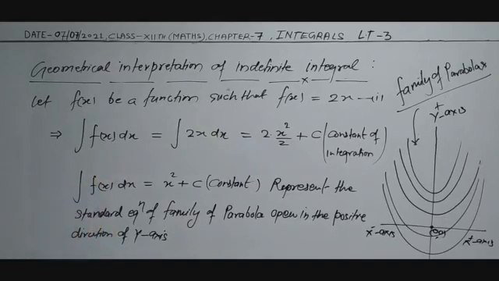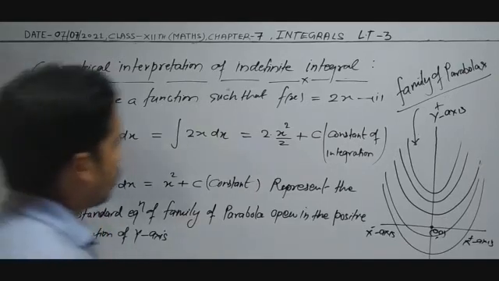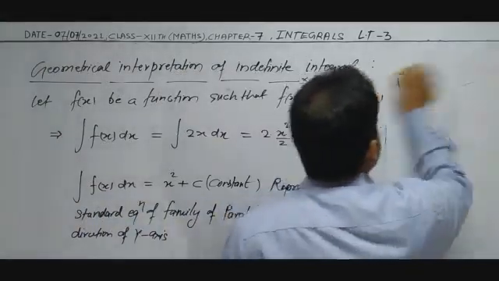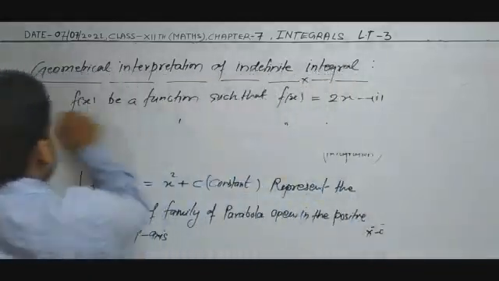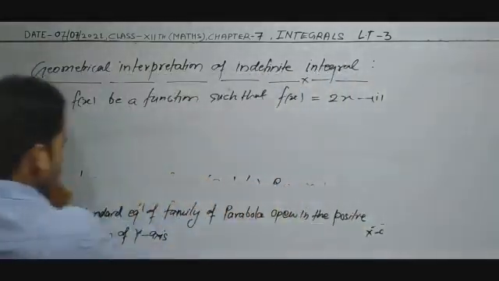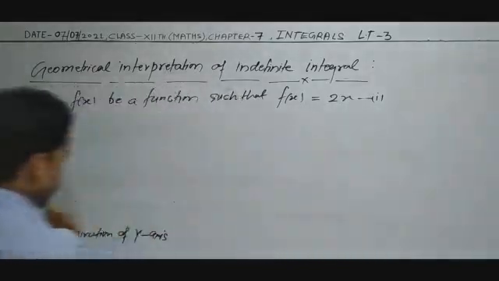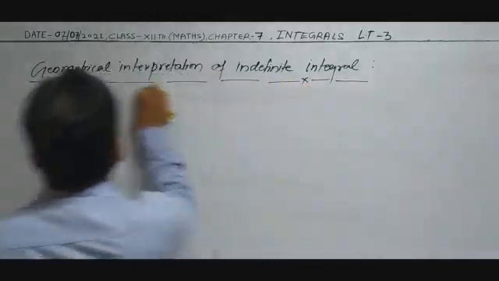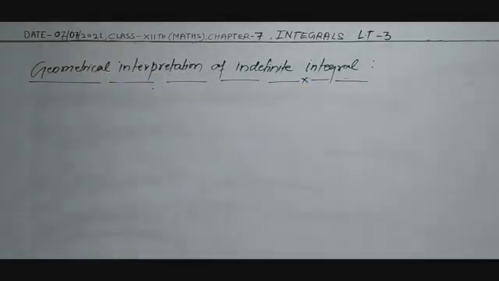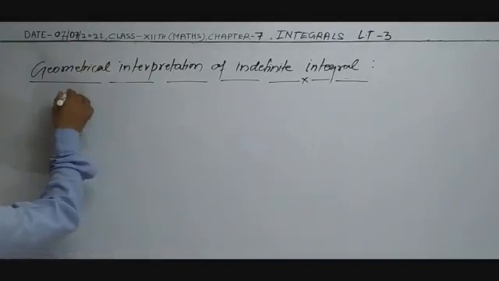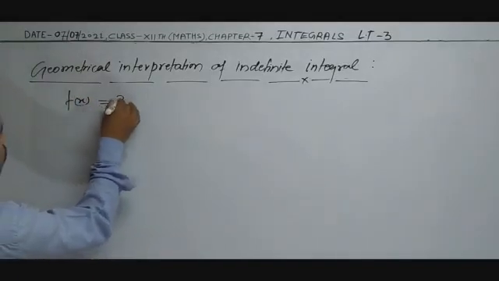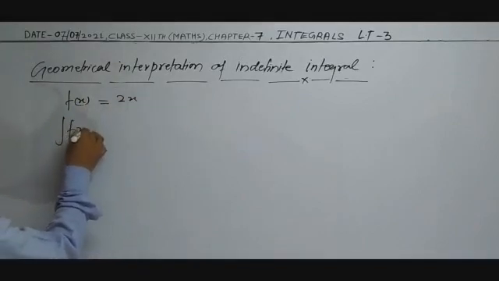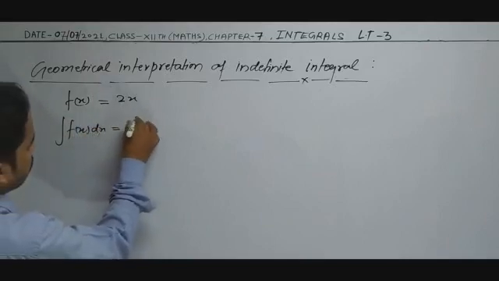Now we are going to draw their actual graph. So let us see. We have the function f(x) is equal to 2x, and after integration, the integral of f(x) dx comes to x square plus c.